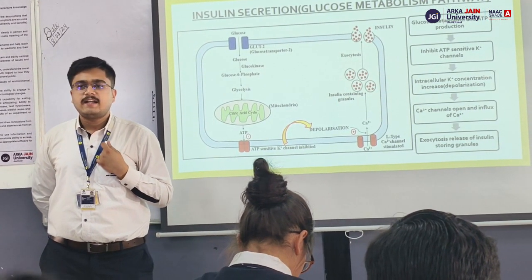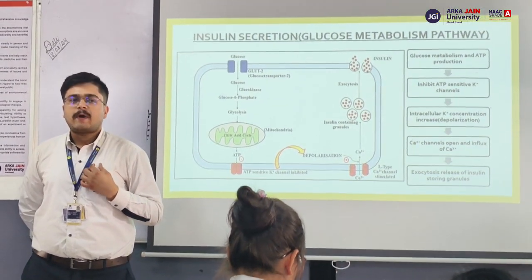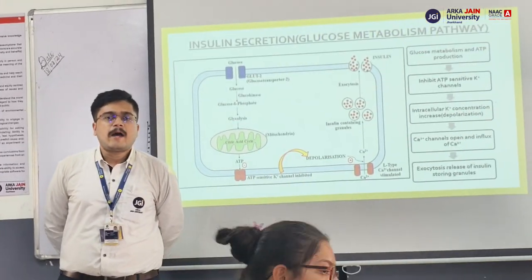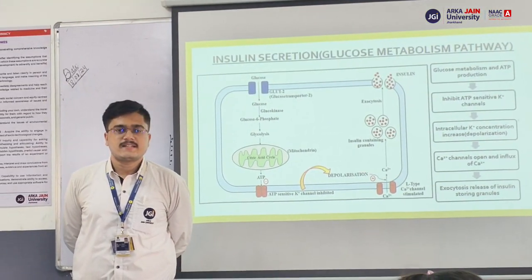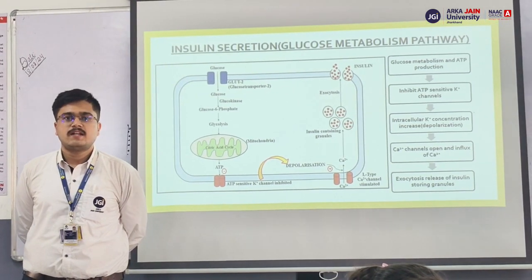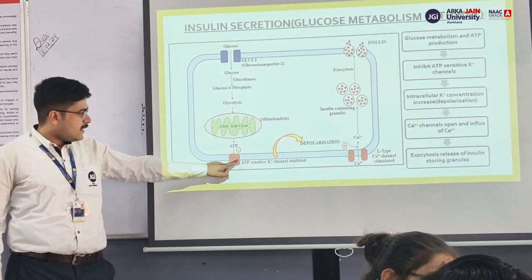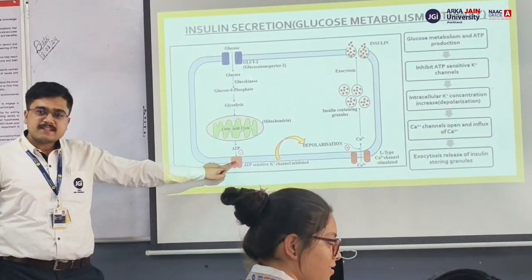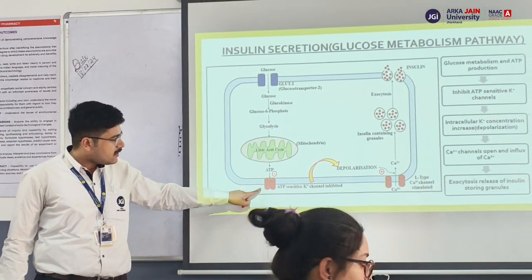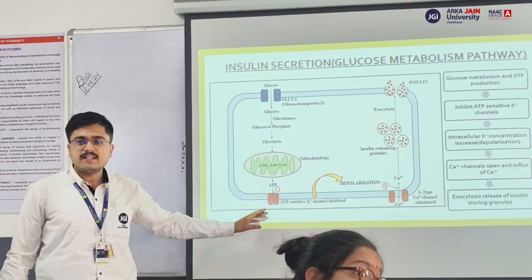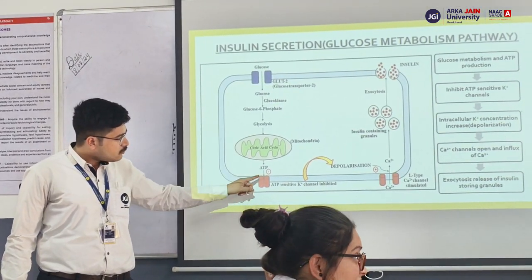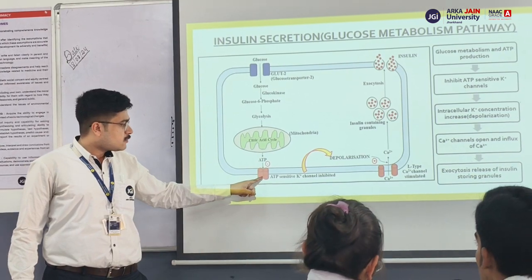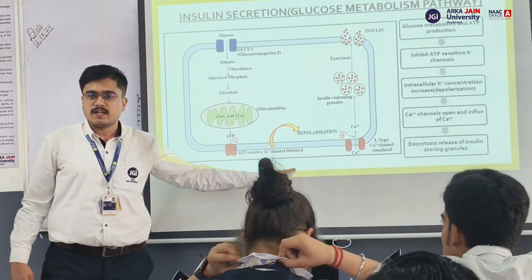So the glycolytic pathway will start, in which pyruvate will be formed, and that pyruvate will enter into the citric acid cycle, in which ATP formation takes place. As you can see in this ATP sensitive potassium ion channel, first of all, ADP is sitting in this channel. But when ATP is synthesized, this ATP binds to this ion channel, and therefore it inhibits the potassium ion channels.